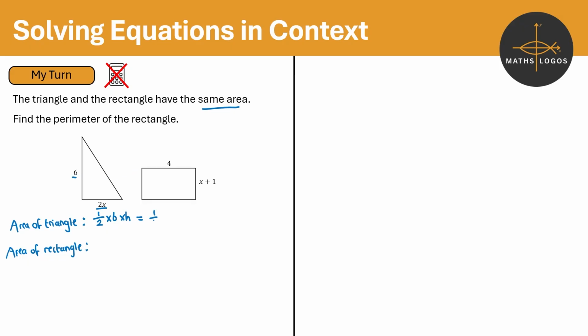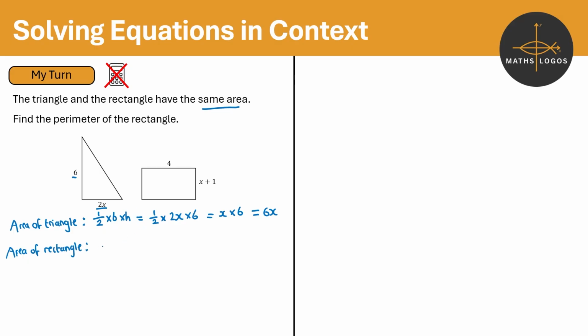So I'll do a half multiplied by the base, which is 2x, multiplied by the height, which is 6. A half multiplied by 2x is x, and then need to multiply by 6. Just be careful, you don't need to multiply a half by 2x and a half by 6, because we only need to do that once. And I've done that when I did a half times 2x to give me x. X multiplied by 6 is 6x.